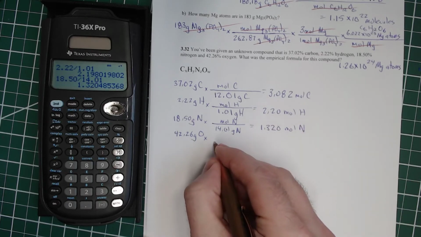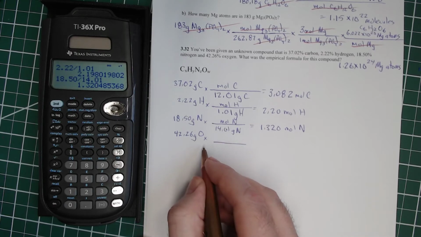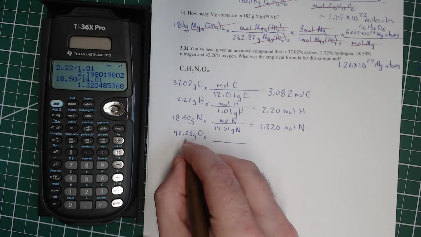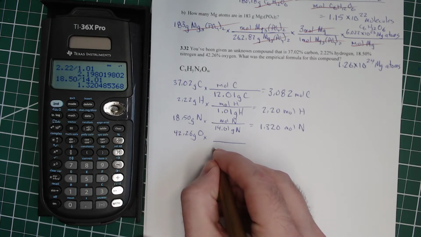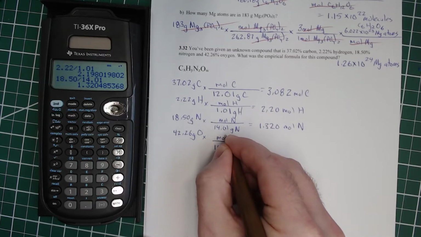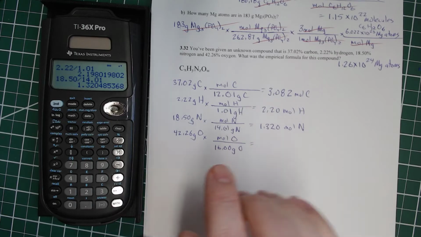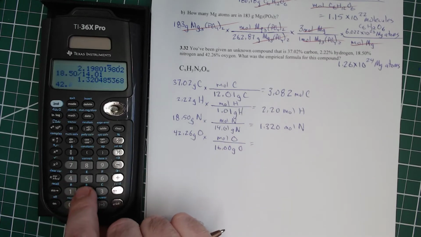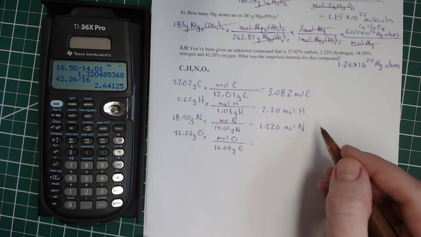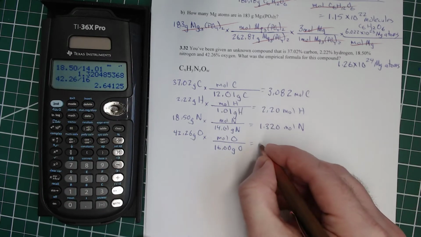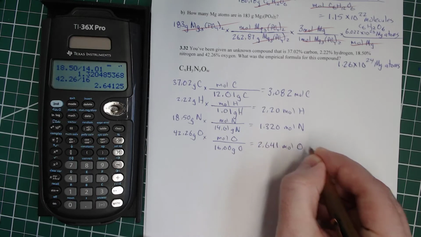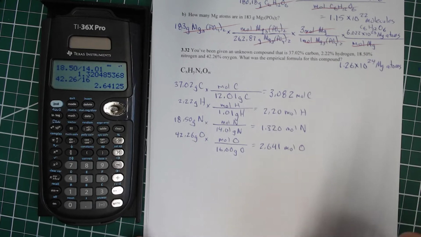And then finally for oxygen, let's see, what is oxygen here? Oxygen is 16.00 grams of oxygen per mole of oxygen. So 42.26 divided by 16, and that gives us 2.641. 2.641 moles of oxygen. All right, so we've done step 2.